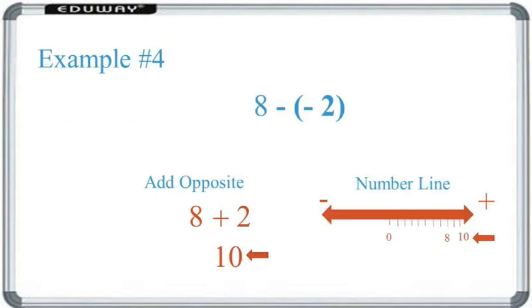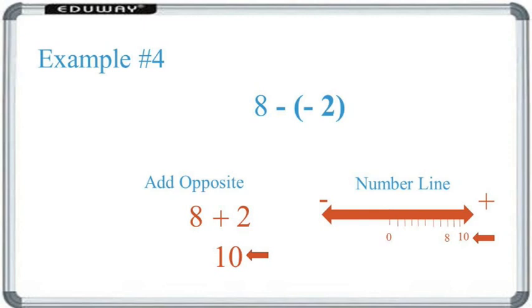Let's jump on to example number 4. We have 8 minus negative 2. When adding the opposite, you rewrite the problem. Instead of writing a subtraction sign, you change it to an addition sign, and you write the opposite of your second number.